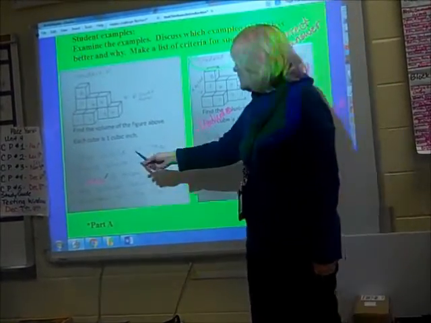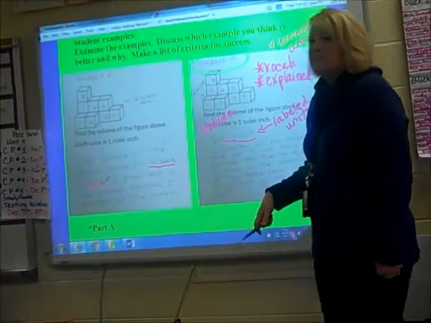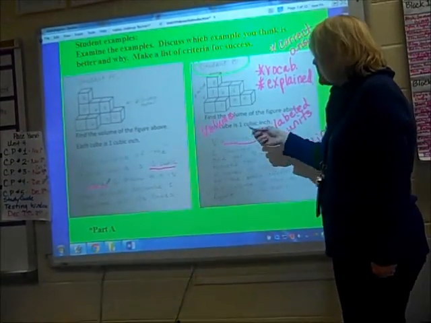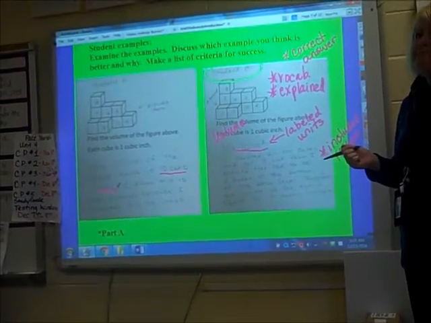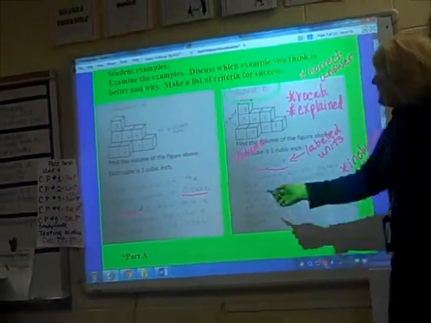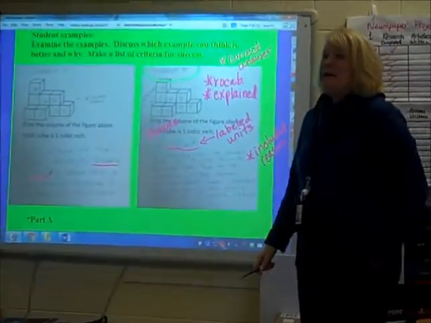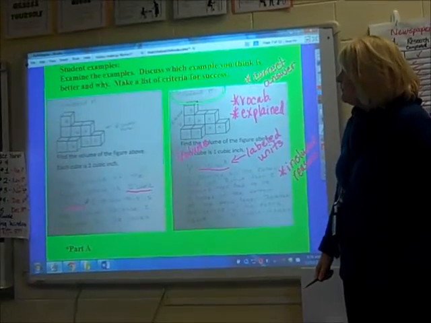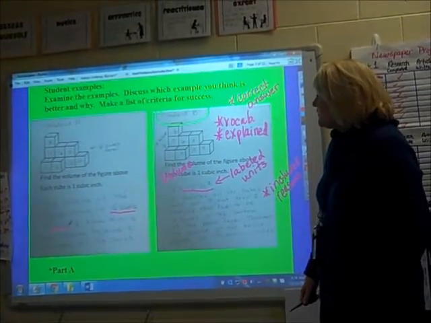But they wrote the volume of the figure above is 10 cubic inches. Here they wrote V equals 10 cubic inches. So is that different? No? What makes this one not as good? What did they do? Abhinav? They were not as descriptive?